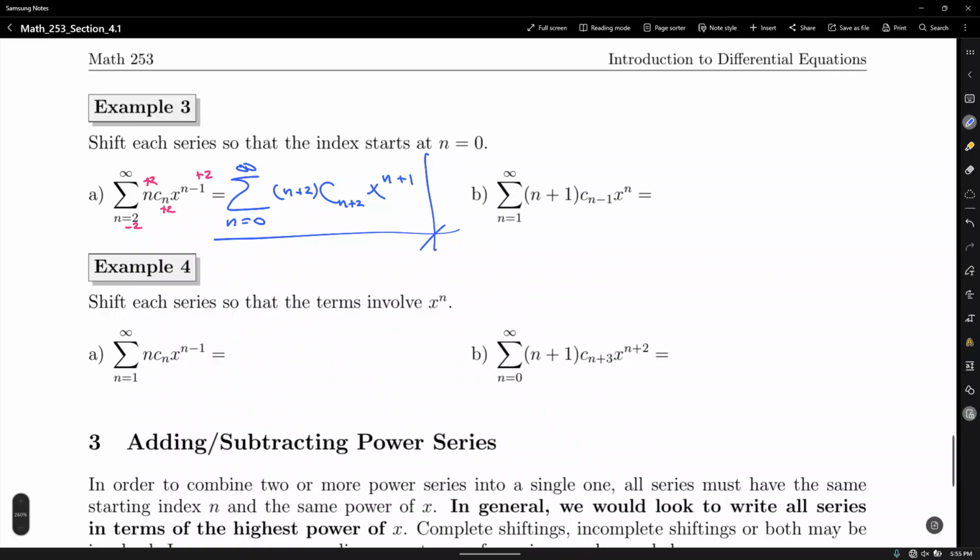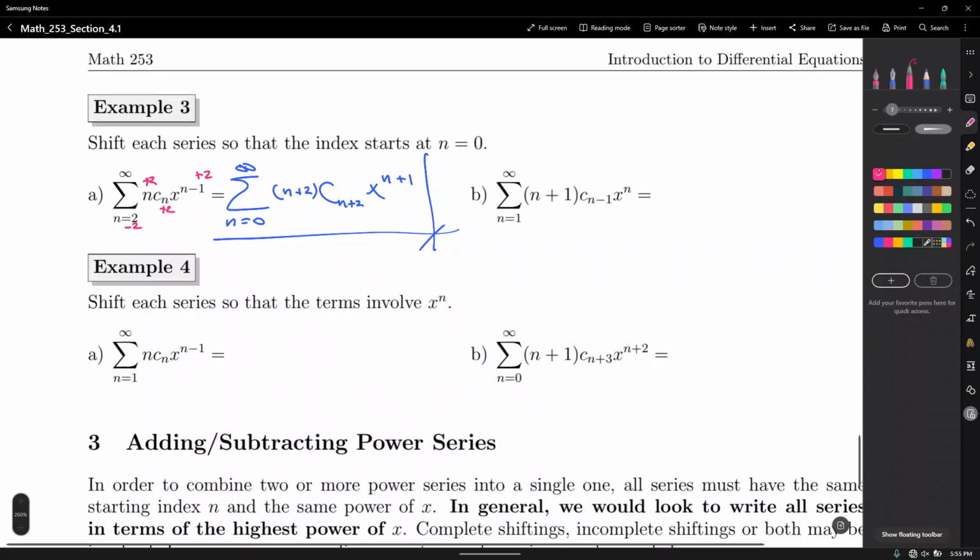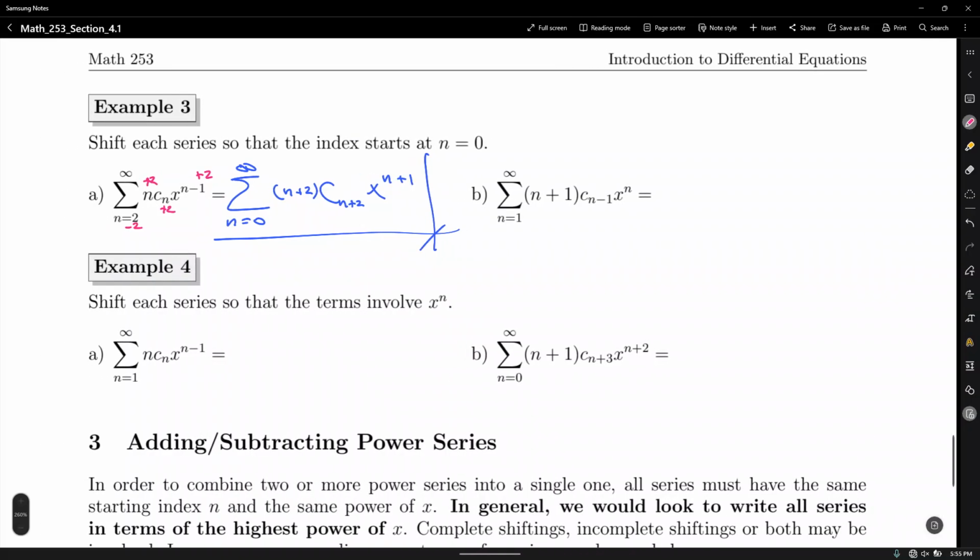Letter B. We have a series that starts at n equals 1. So subtract 1 to make it a 0. However, if we subtract 1, let's add 1 everywhere else: plus 1, and plus 1.